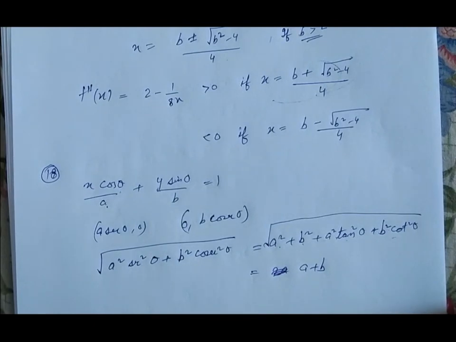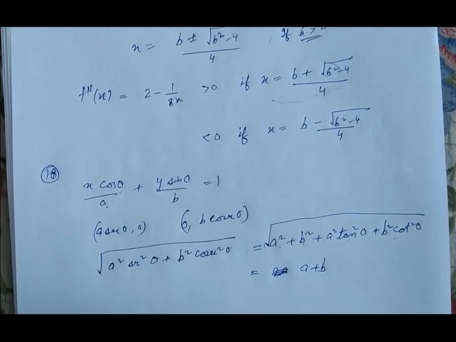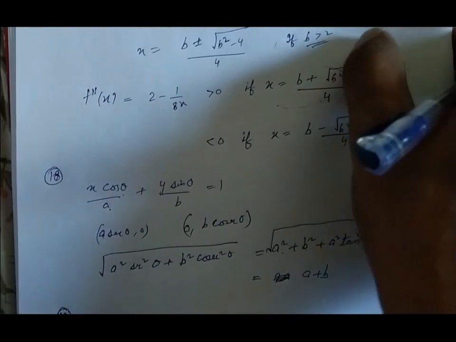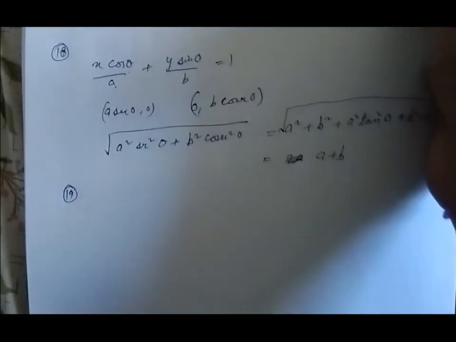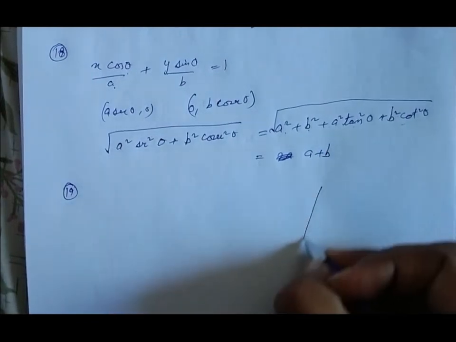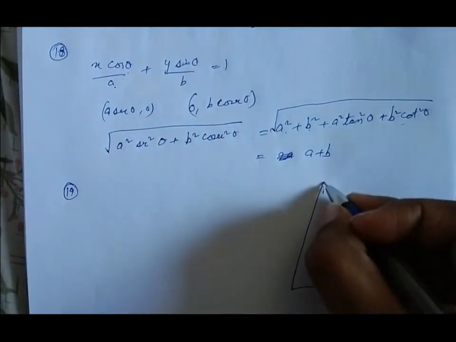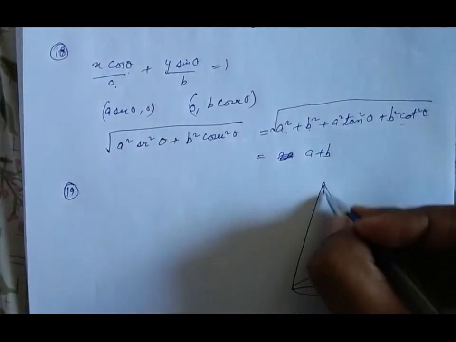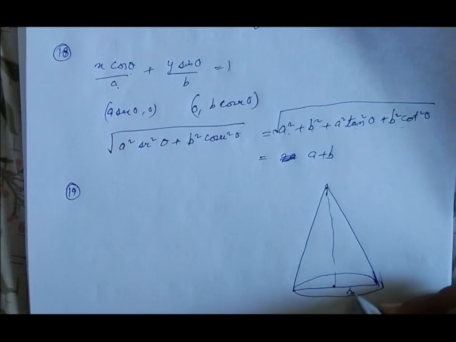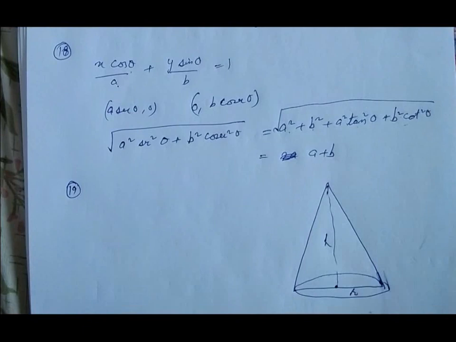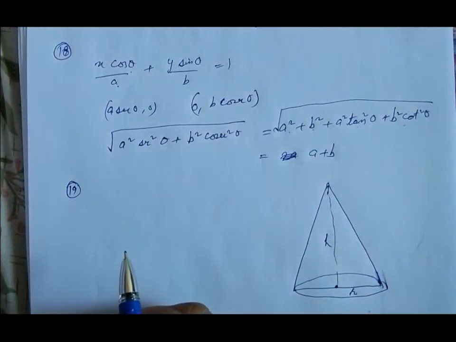Show that the semi-vertical angle of a right circular cone of given total surface area and maximum volume is this. We have already solved these types of questions. So let's first assume the radius of the cone is r and height is h.